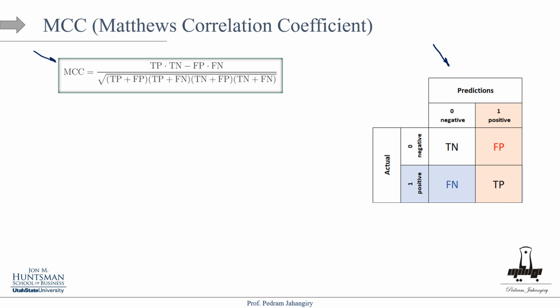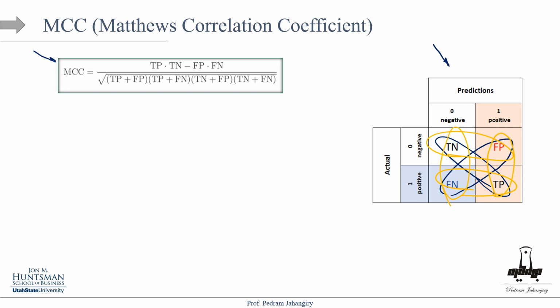So here in the numerator, we have true negative multiplied by true positive, minus false positive multiplied by false negative, divided by the square root of true positive plus false positive, multiplied by true positive plus false negative, multiplied by true negative plus false positive, and then finally true negative plus false negative, right?